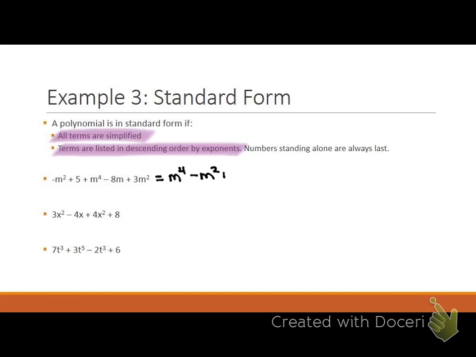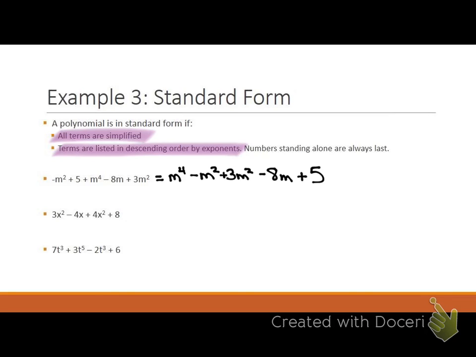Since there are actually 2 terms that have m squared, it doesn't matter which one is written first, as long as they're both together, and that also is a reminder that I can combine those terms. All right, any terms with just an m, or m to the first, so that's understood, so minus 8m plus 5. What is important as you rearrange them is that you keep the sign that was in front of it in the original. If it's negative in the original, when you rewrite it, make sure it's still negative.